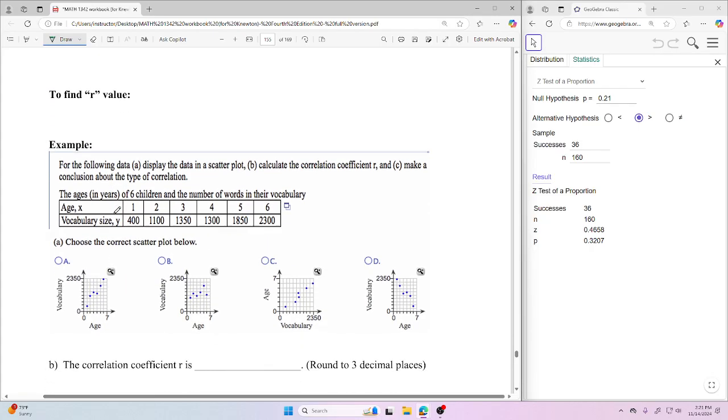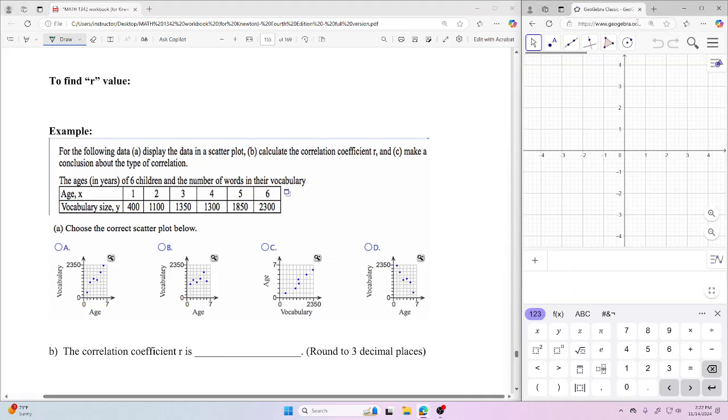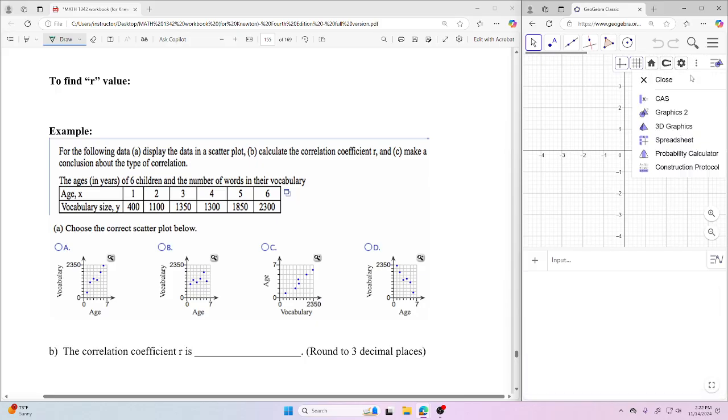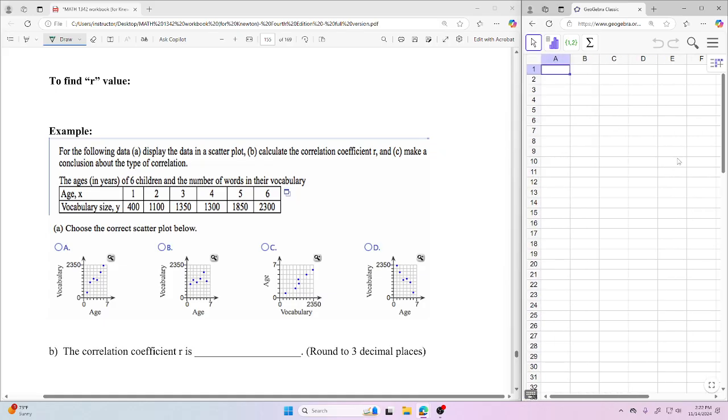So let's go and find the correlation coefficient on GeoGebra. So as you see, we have numbers, and we got to put those numbers in. And so I'm going to go to Classic, and I'm going to go to Spreadsheet, and they got two sets of numbers.